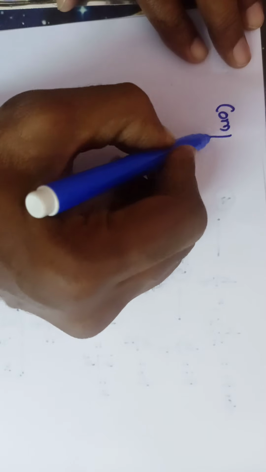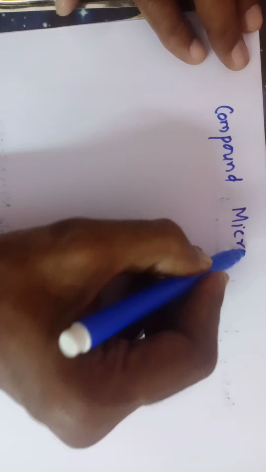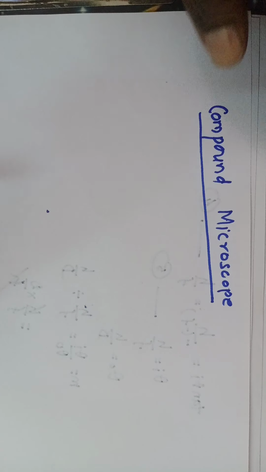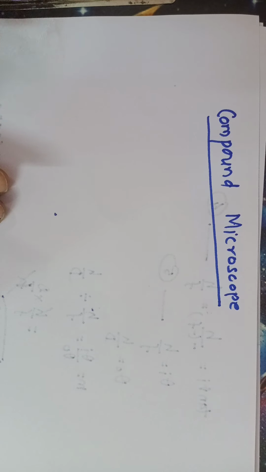With the help of a compound microscope we can increase the magnifying power up to 1000 times larger than the object, because these are very small cell sizes. So we can see that.